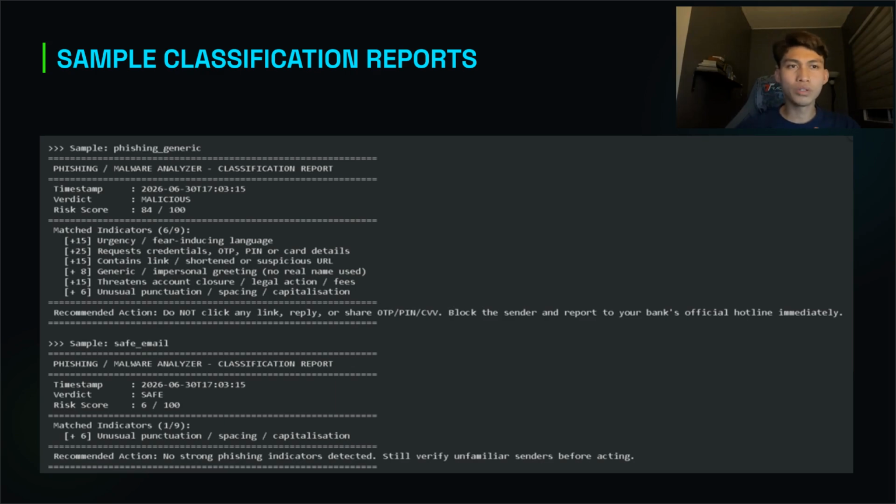The bottom one here has a risk score of 6 out of 100, so it's classified as safe. This proves that the prototype is not merely throwing blanket alerts everywhere. It cleanly and accurately differentiates between actual social engineering signatures and benign daily messages.